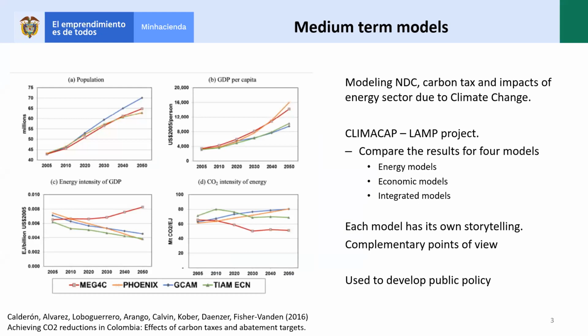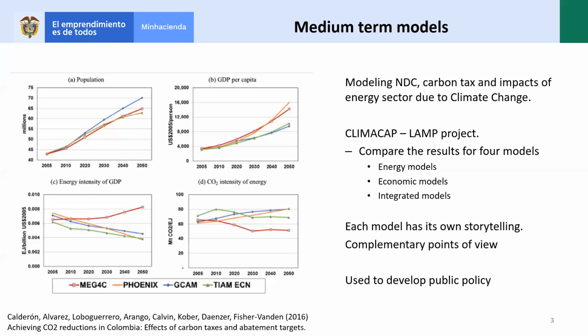So, just mentioning the medium-term models, I want to say that in the government we developed a general equilibrium model with an energy component, MEX4C, that we use for modeling different ideas. But the key for the use of the government is that we compare different models.